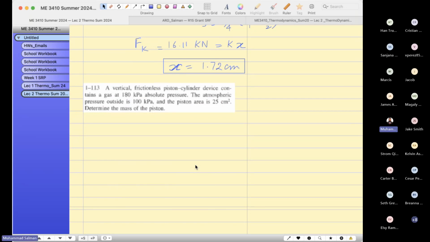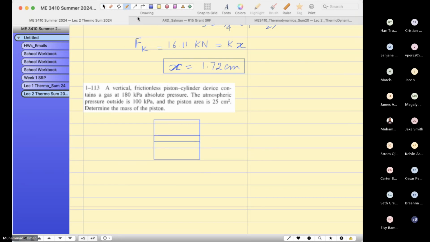A vertical frictionless piston cylinder device. So a vertical piston cylinder. This is a cylinder. This is a piston. I should have reduced the size of the piston here.